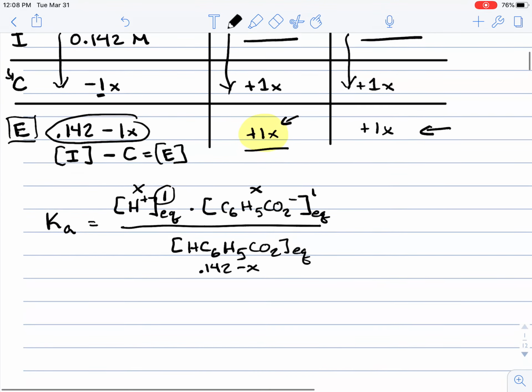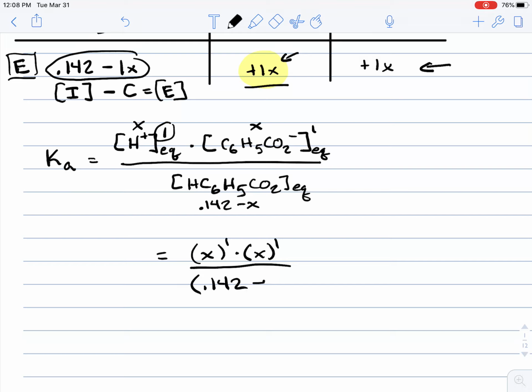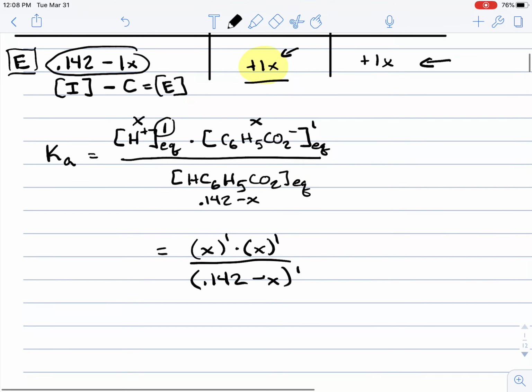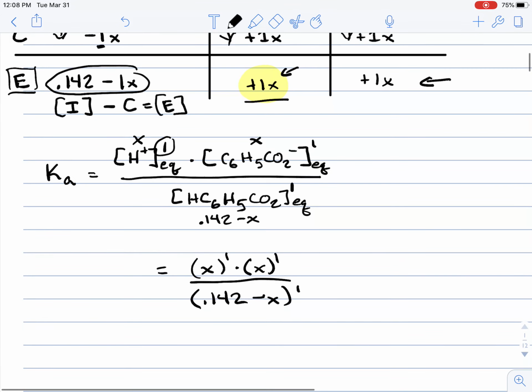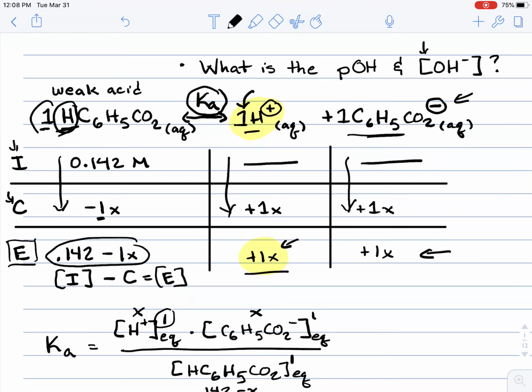And so if I clean up my work, I'm going to get x raised to the first power times x raised to the first power, divided by 0.142 minus x raised to the first power. Oops, I forgot to put that. And so all of these exponents, I'm grabbing from the coefficient.